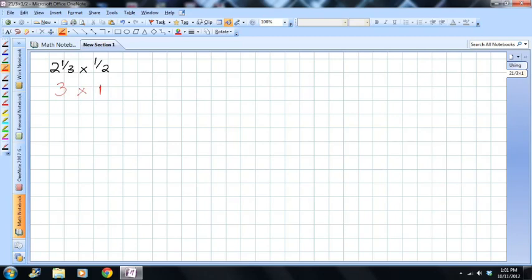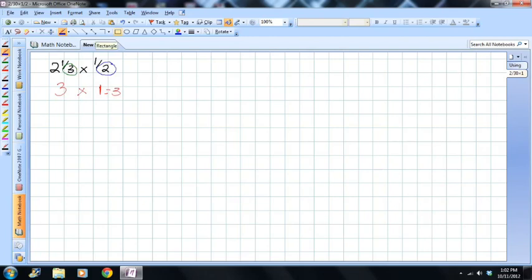So we're going to need 3 times 1, or 3 rectangles. The denominator of the first fraction is 3, so our rectangles need to be 3 units tall. And the denominator of the second fraction is 2, so our rectangles need to be 2 units wide.